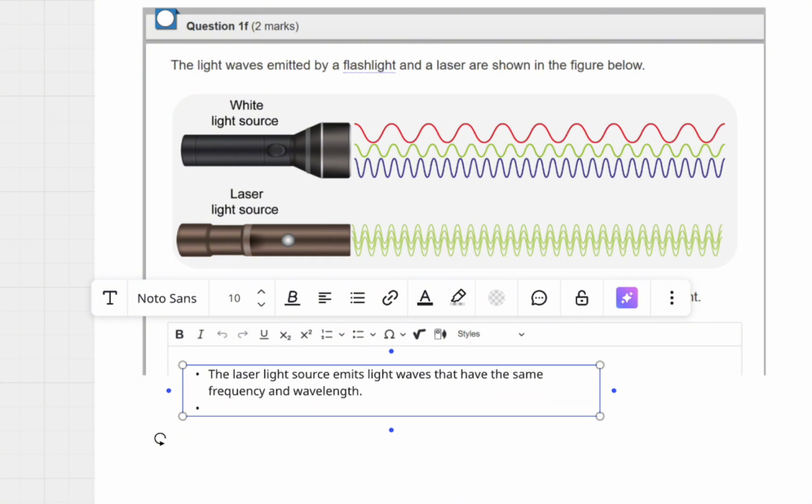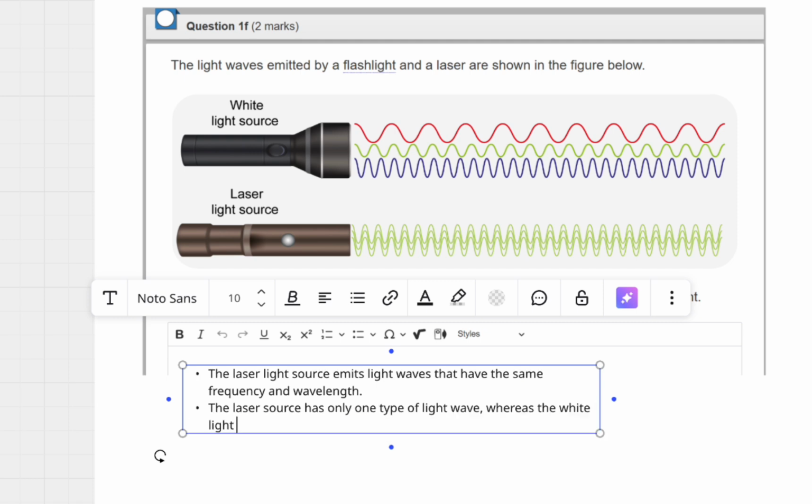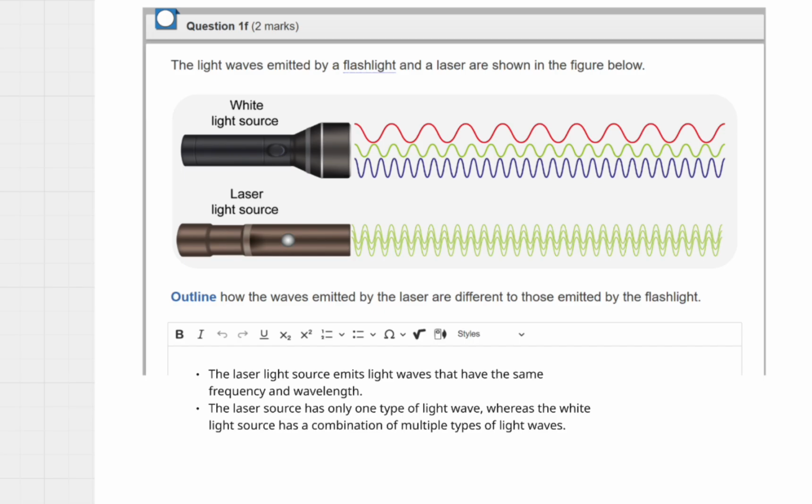That's it. That's the first point, and the second point can be the laser source has only one type of light wave, whereas the white light source has a combination of multiple types of light waves. And boom, that's our answer.